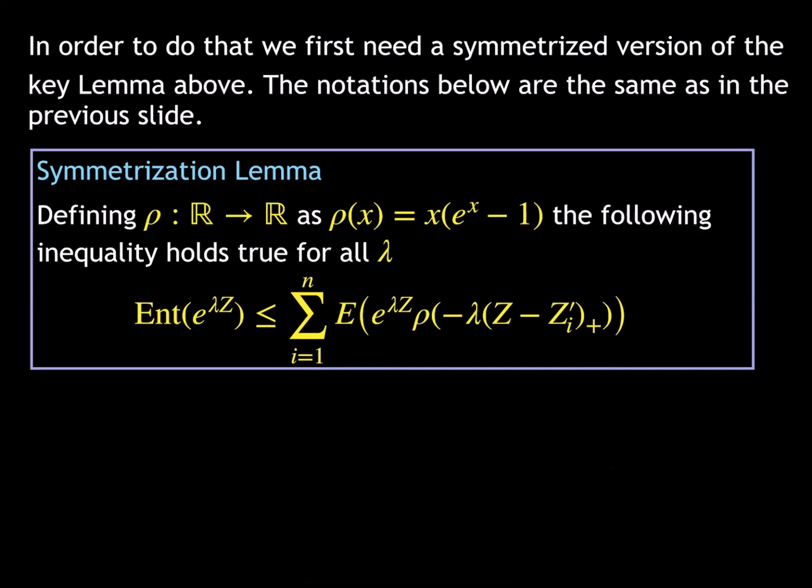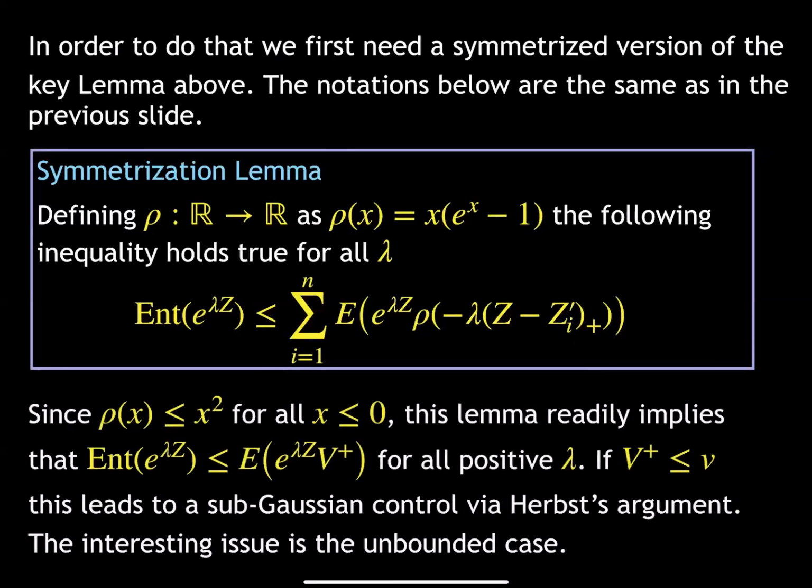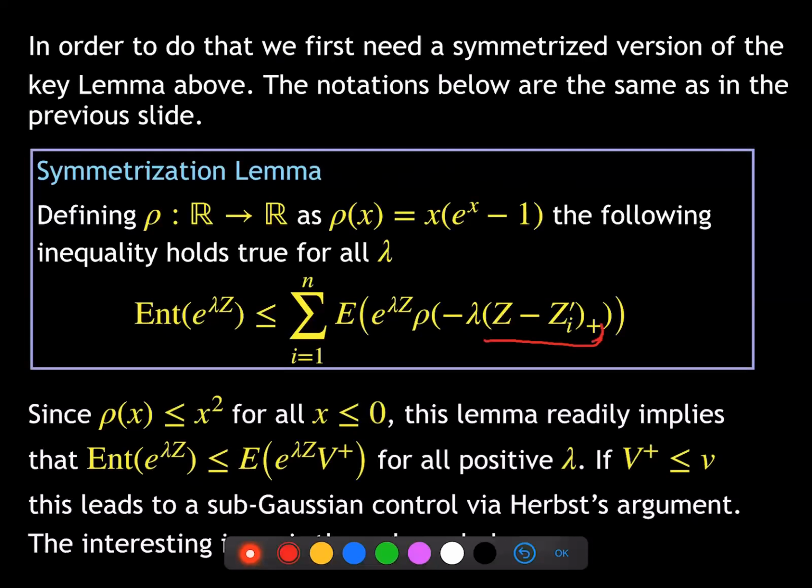It's not very difficult, as you will see. And just looking at the gentle side of the rho function which appears, instead of the phi function, we have a rho function which appears, but otherwise it has the same flavor, except that you have made appear this positive part here, which is important.